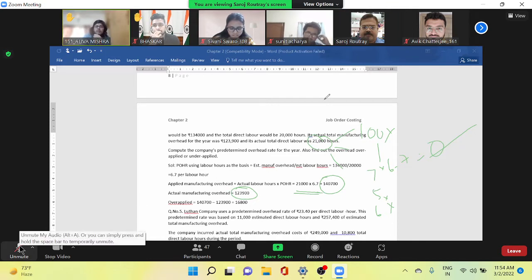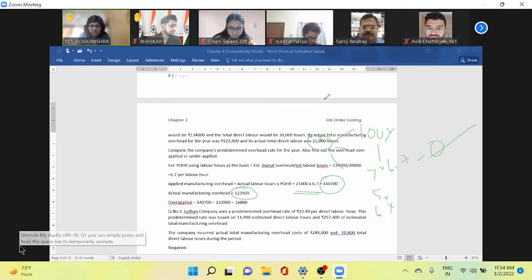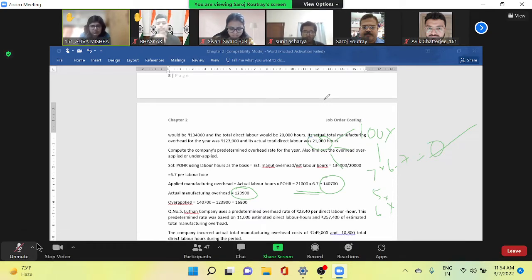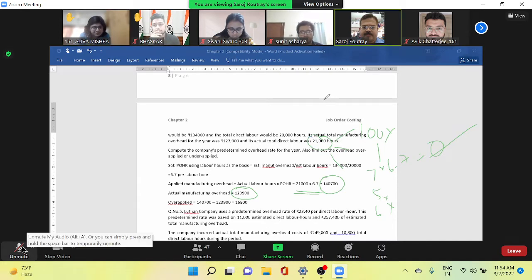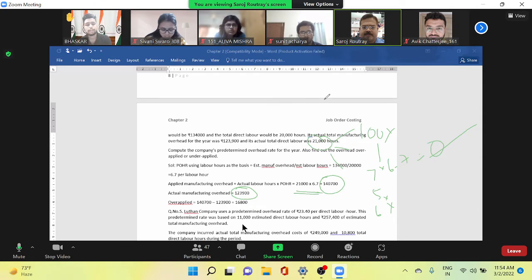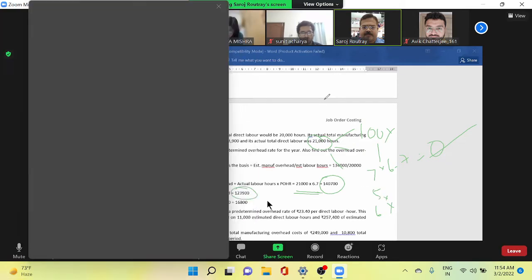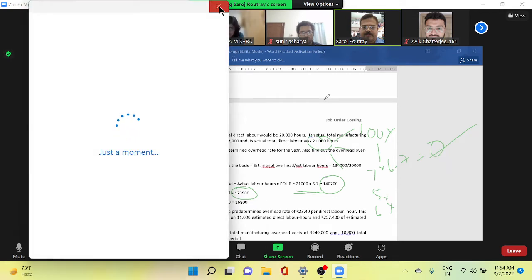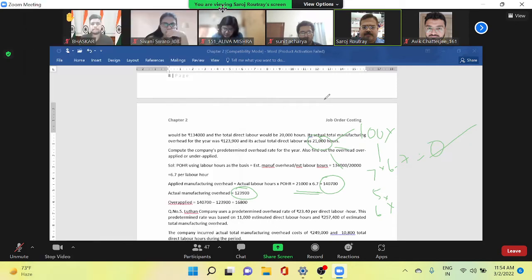Sir, the demand will decrease ultimately because if we are overcosting the product, people will not come to our company to buy the product. Very good. These are the two fundamental. Another good observation. So if you are overcosting, you are assuming that you will be incurring more cost, so you have to arrange more money for that.